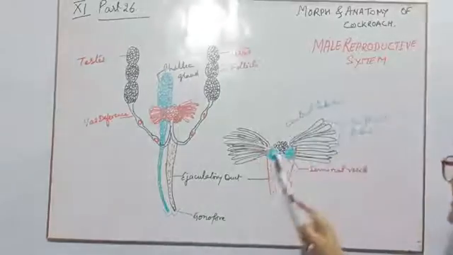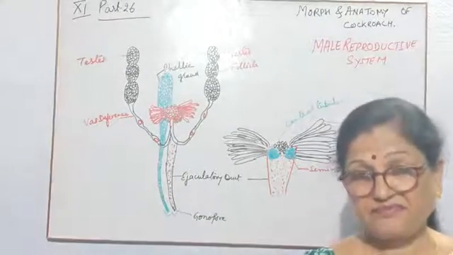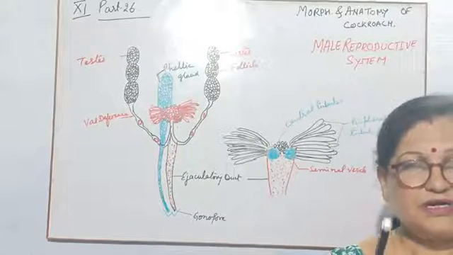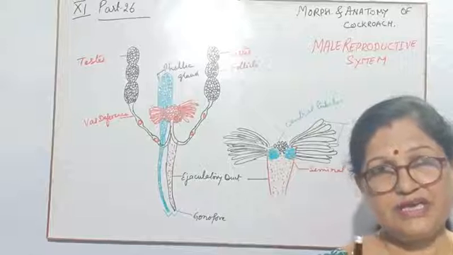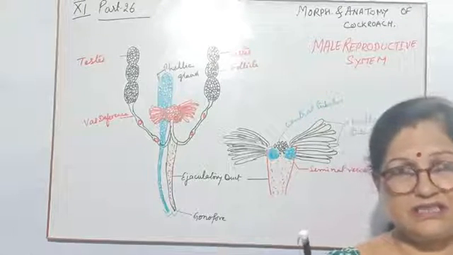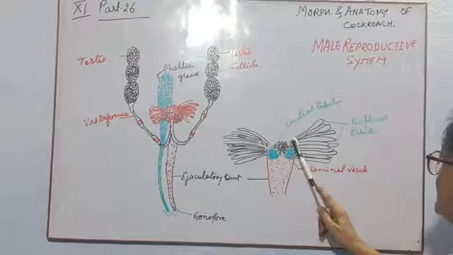So these are known as central tubules. Yet they are tubules. It means they are connected with the ejaculatory duct, but outside the ejaculatory duct any scientist can see this round bulb shape. These are the central tubules.